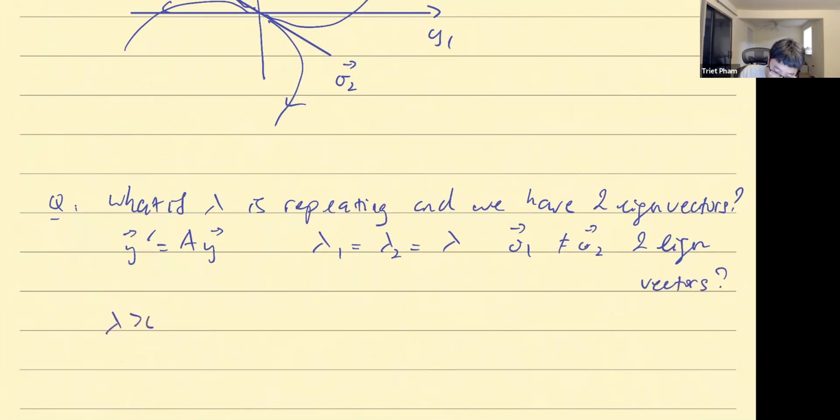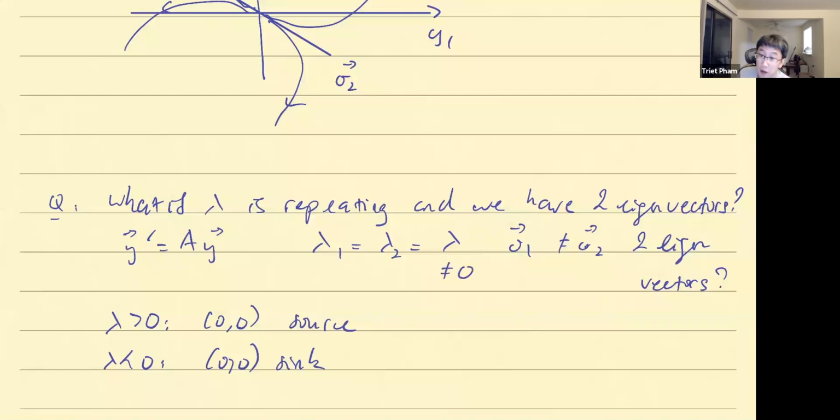If lambda is positive, 0, 0 is a source; if lambda is negative, 0, 0 is a sink. Here I assume, of course, lambda is non-zero. But then the question is, what's the direction of asymptotic? How do I sketch the graph? Is it V1? Is it V2? What is it?